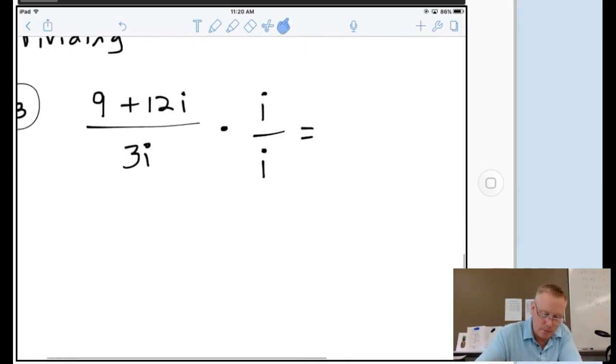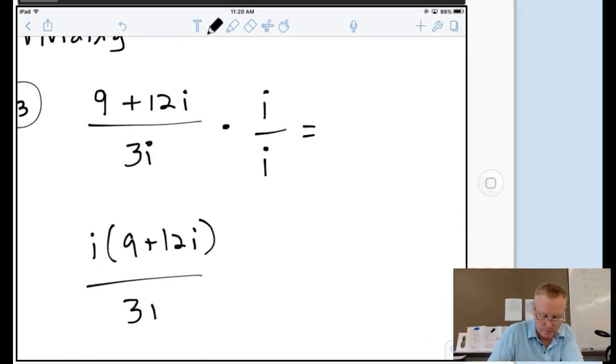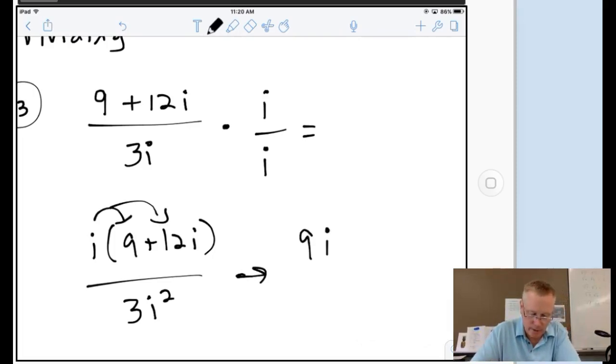So when I do this, I get i times 9 plus 12i over 3i squared. Okay. And then I can do distributive property with the i in the numerator. 9i plus 12i times i is 12i squared over 3 times i squared, which is -1.